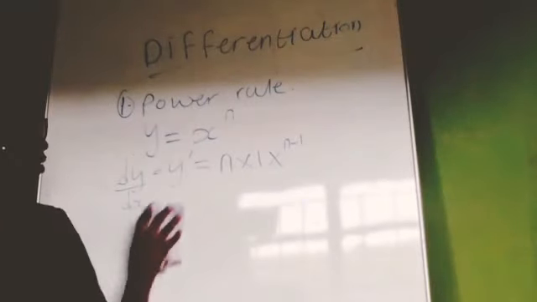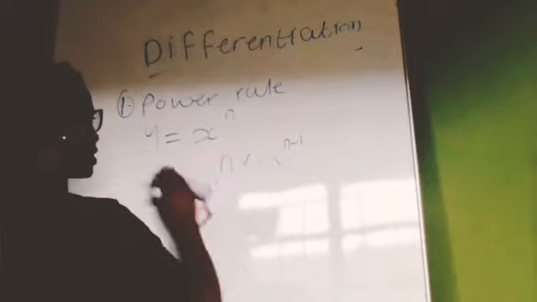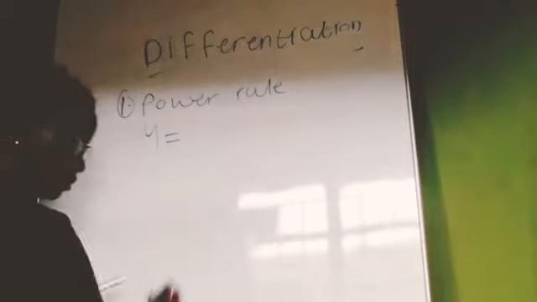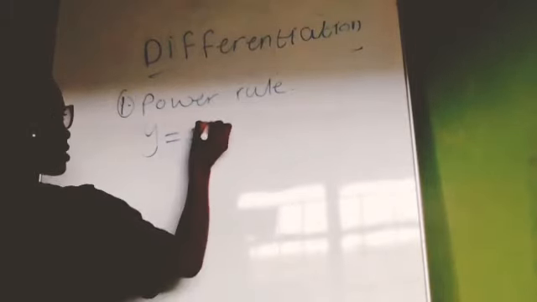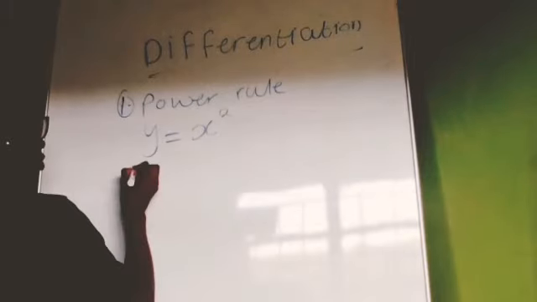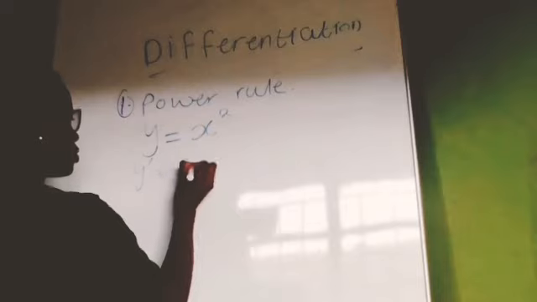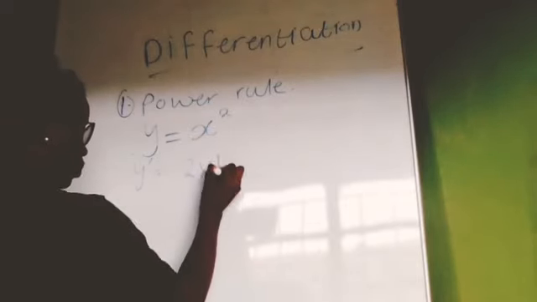So let's use numbers. So we're doing that. So keep that in mind. Let me put an equation that actually has numbers in it. So if we have y is equal to x to the power 2. So y prime, or dy dx, is equal to 2, which is the power, times the coefficient of 1 here is 1.